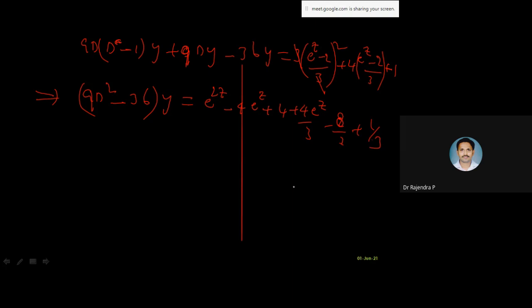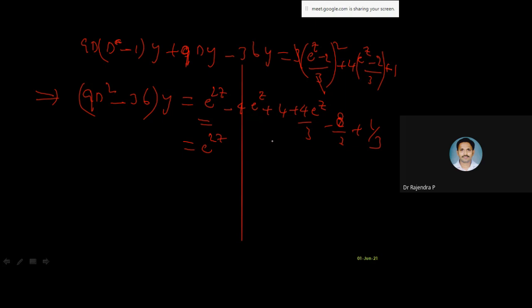Try to simplify this whole thing. What we got after simplifying: this is e power 2z and this is minus 4 e power z.